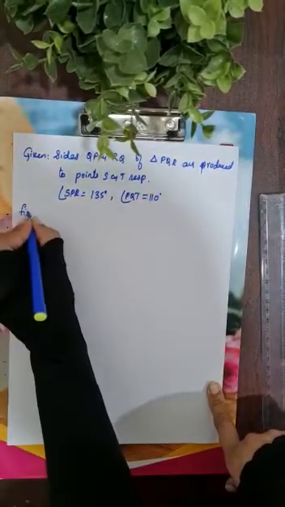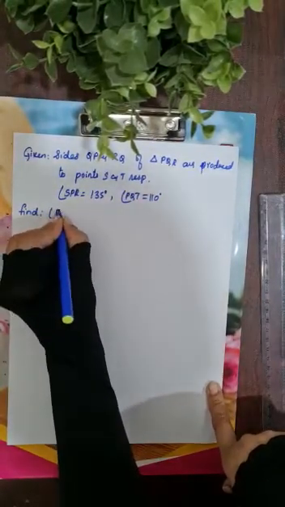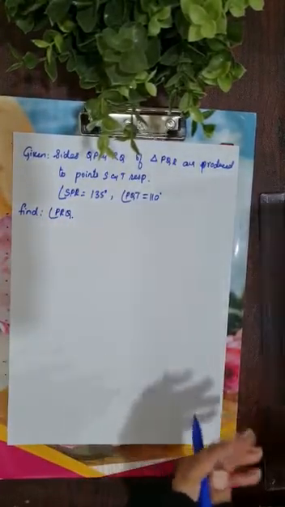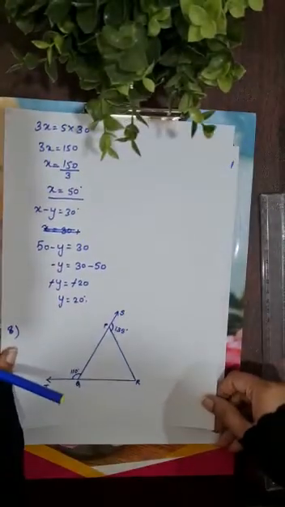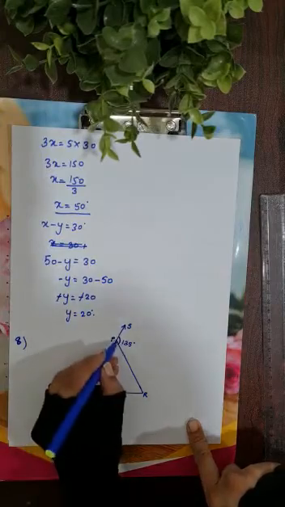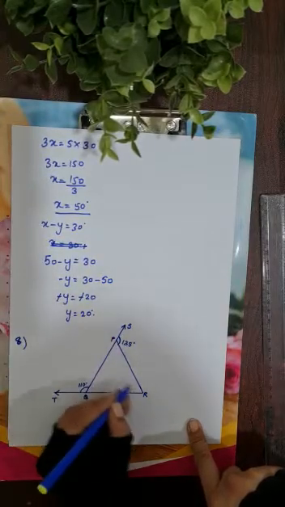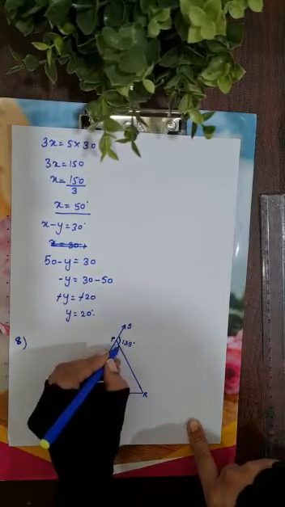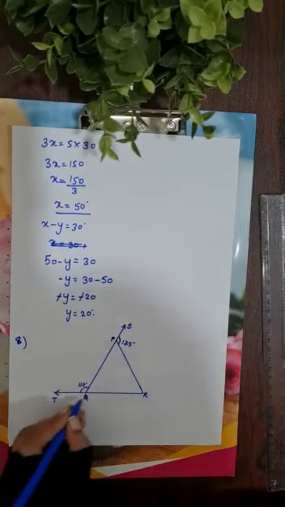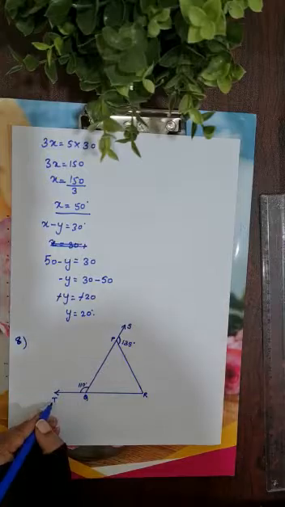We have to find angle PRQ. Okay, now if you observe the figure, children, look at the figure. We have angle SPR as 135 degrees and this angle PQT is given as 110 degrees.